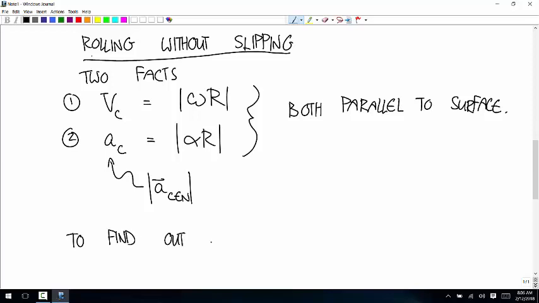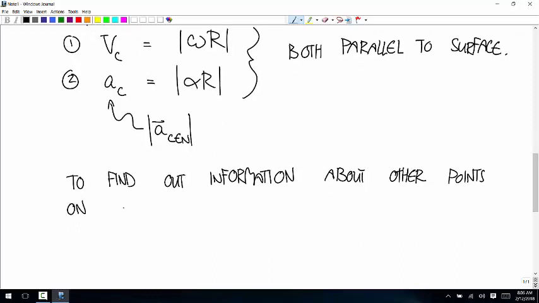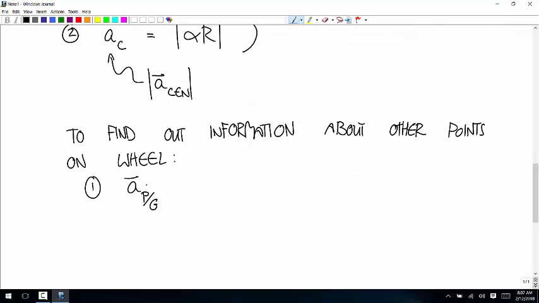To find out information about other points on the wheel, you're going to use that the acceleration of some point P relative to the ground, well, velocity too, but sorry, erase that. Let's do velocity first.